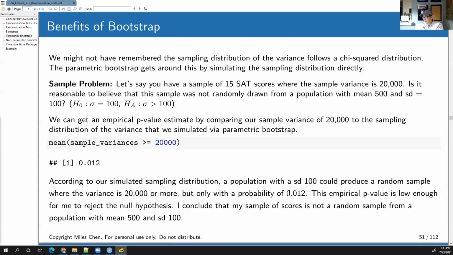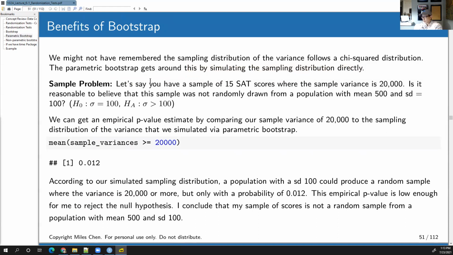You might not remember that. So what are you supposed to do? Even if you don't remember this theoretic relationship, you can always estimate it by using parametric bootstrap. Parametric bootstrap gets around this by simulating the sampling distribution directly.